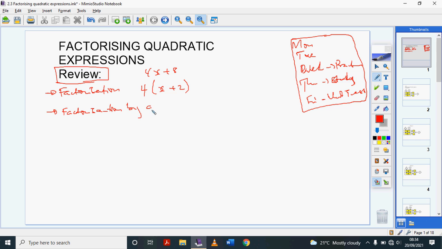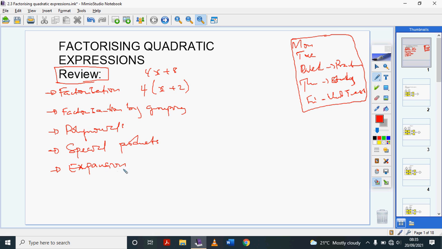Factorization by grouping. We looked at quadratic expressions. We looked at polynomials. I hope you remember polynomials, monomials, binomials. We looked at special products. We looked at expansion, because you can factorize but you can also expand.